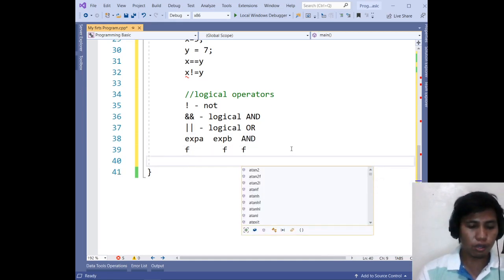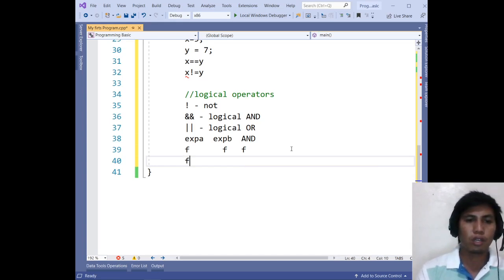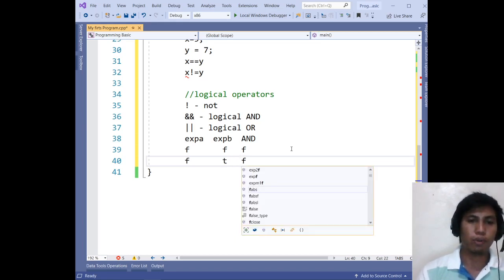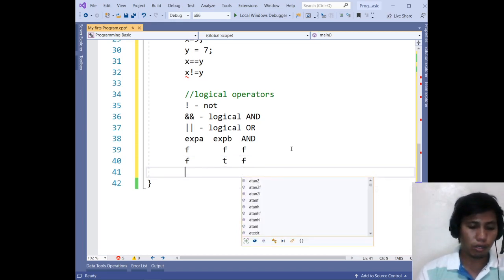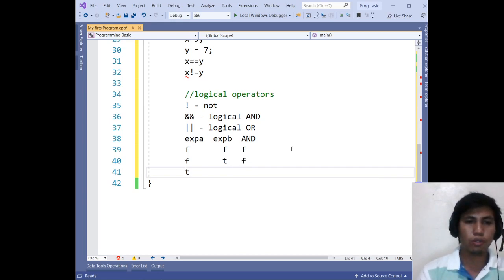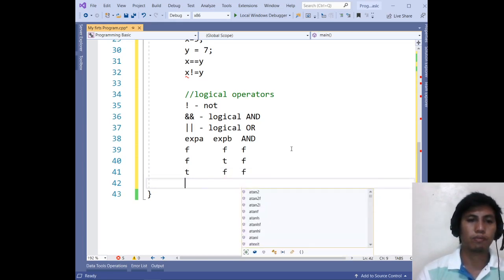If expression A is false and expression B is true, then the output is false. If expression A is true and expression B is false, the output is false.